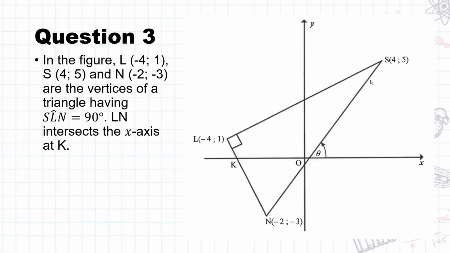And so the midpoint of SN would actually be the center of your circle. And if we work out the midpoint, which is 4 minus 2 is 2, divided by 2 is 1, and 5 minus 3, which is 2, divided by 2 is 1, then it gives us exactly the same answers we found using the other method.